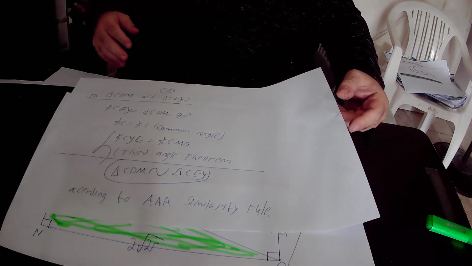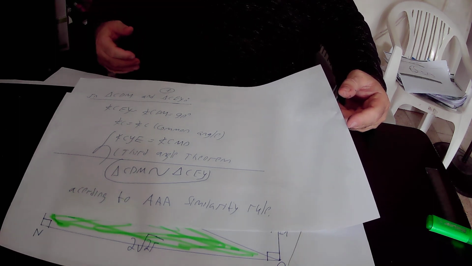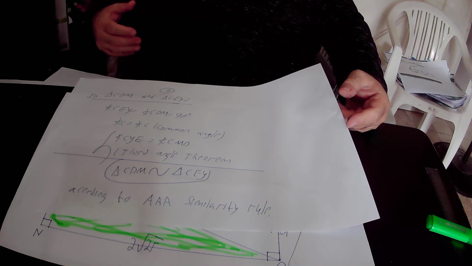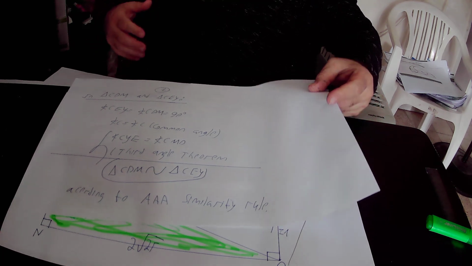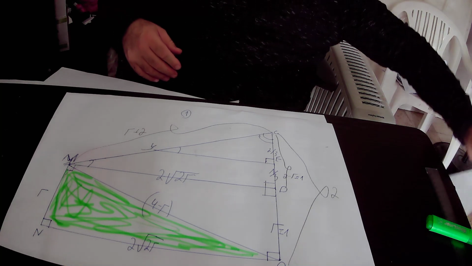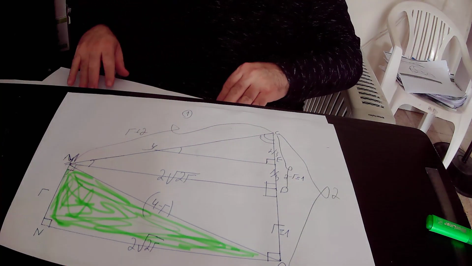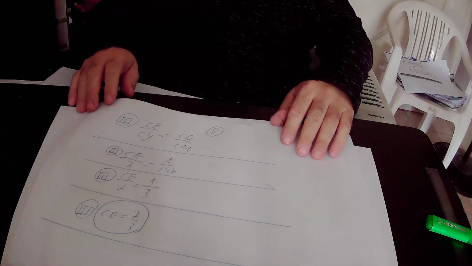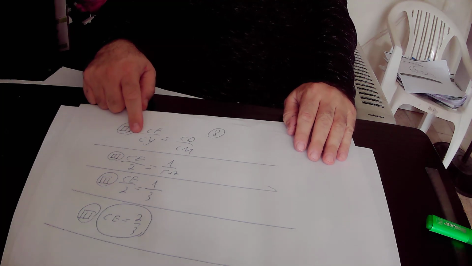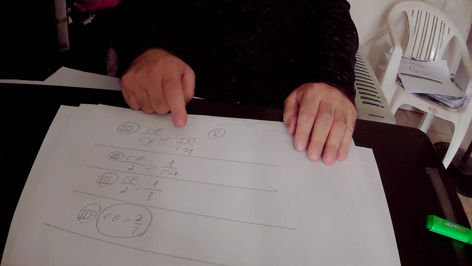Angle similarity rule is that if you prove that all three angles of one triangle are congruent to all three angles of another triangle, then you actually proved that those two triangles are similar to each other according to angle similarity rule. And from the fact that those two right triangles are similar to each other, we will conclude that the following equality is true. We will conclude that CE over CY in triangle CEY is equal to CD over CM in triangle CDM.